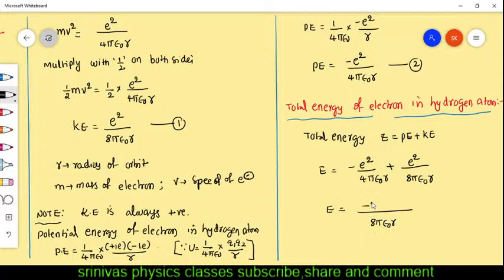Then minus 2e square plus 1e square gives minus e square by 8 pi epsilon naught r. This is the formula for the total energy.